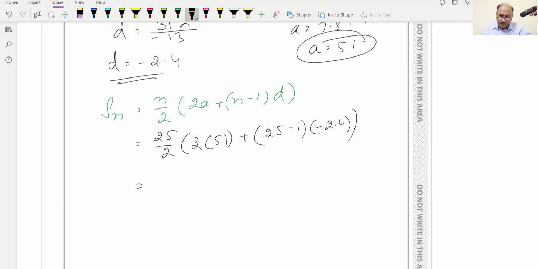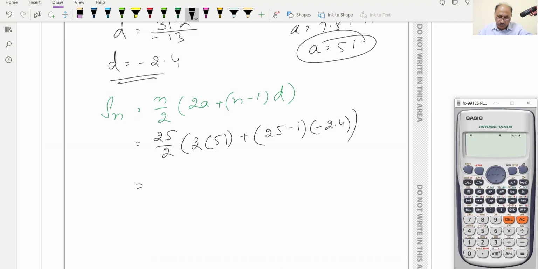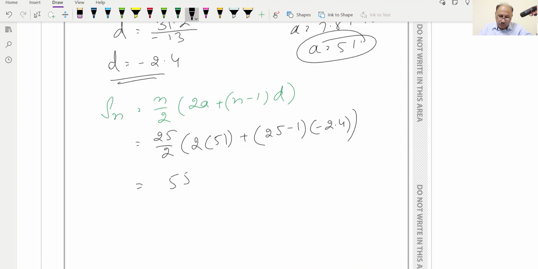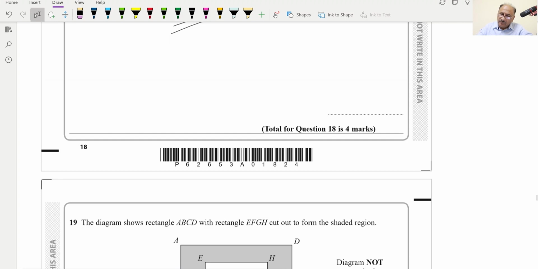Writing this in the calculator, 25 over 2 multiplied by 2 into 51, plus 25 minus 1 in brackets times minus 2.4, this will be 555. So the sum is 555, which we can mention over here. This is the final answer.